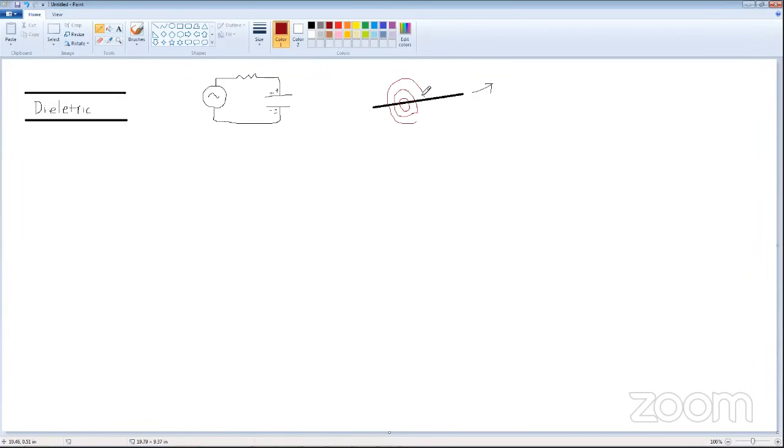And again, I'm going to draw these magnetic field lines, and you can just imagine an infinite number of these, kind of like a density. Okay. And they're rotating.